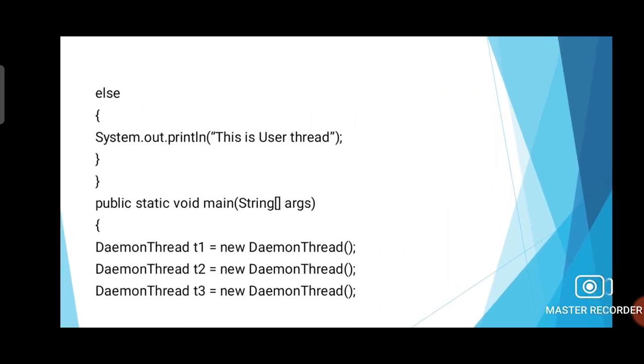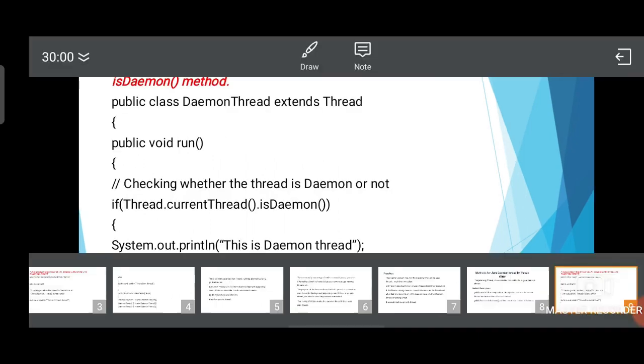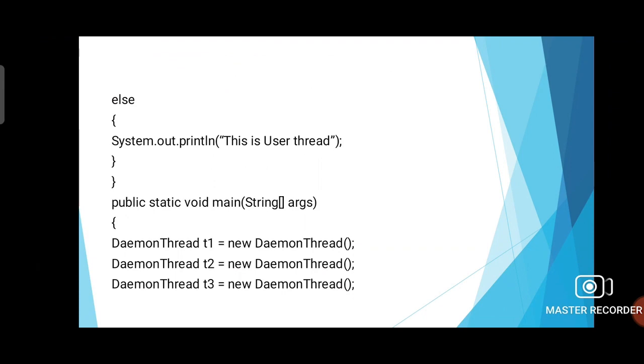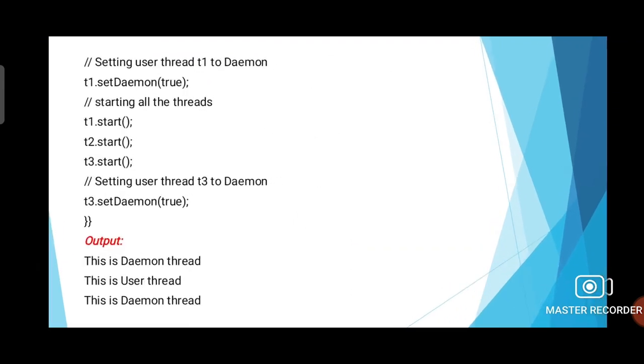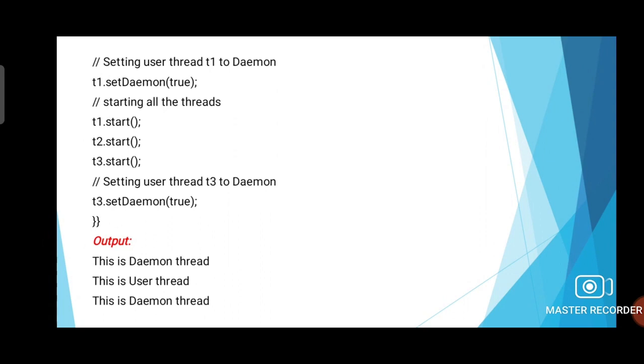Else, if the if statement produces the return value false, then this is user thread will be printed. Then inside the main function, we are creating some threads t1, t2, t3 under our class, DaemonThread. Then we are going to set some of the threads as daemon threads.